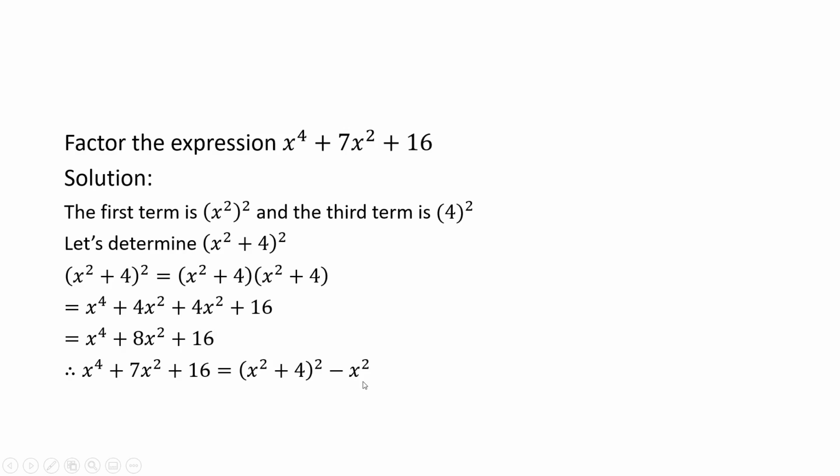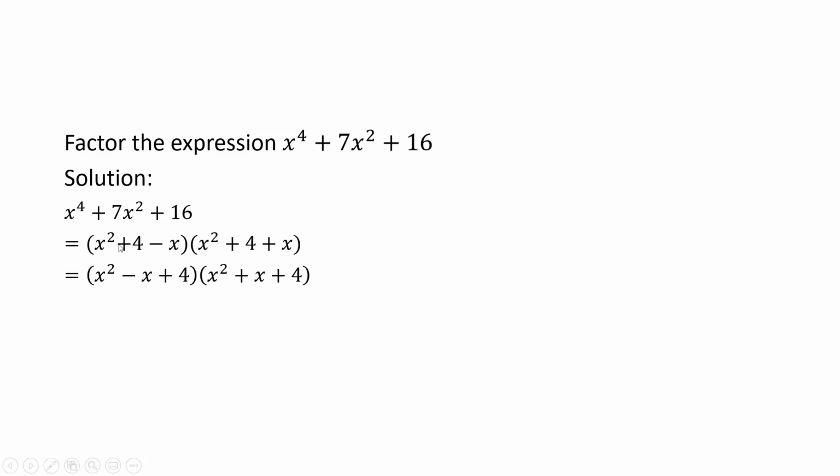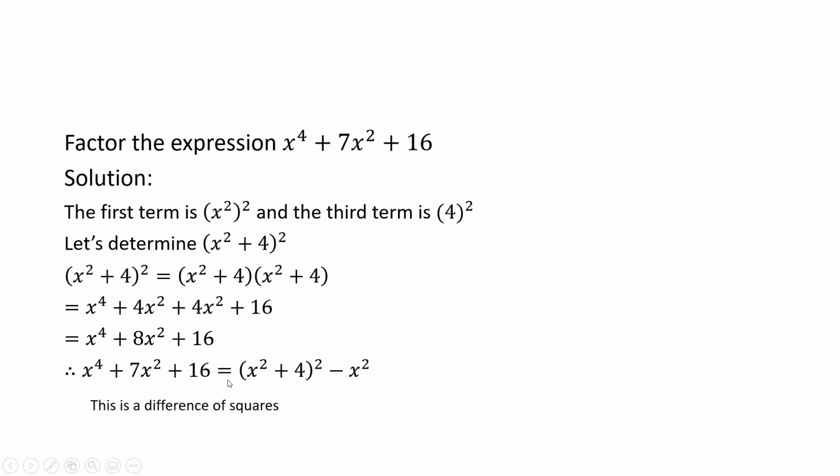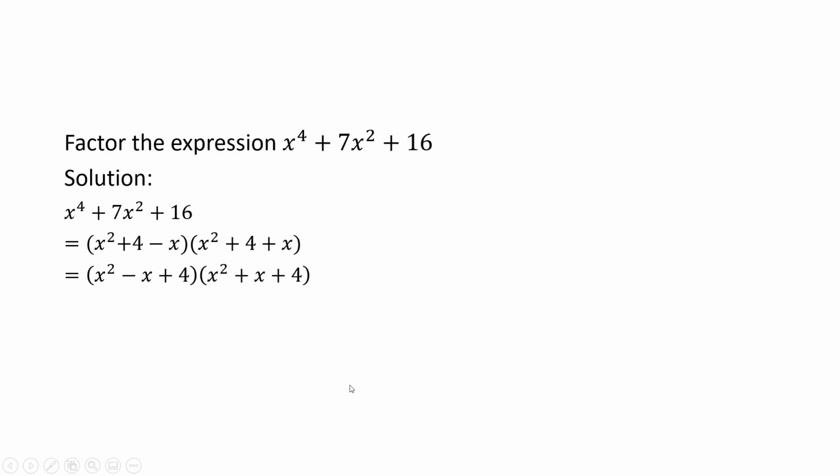Well, look what we've just done. We created a difference of squares. Okay? So that means we can say it's x squared plus 4 minus x times x squared plus 4 plus x. Let's go back again. When we have x squared plus 4 quantity squared minus x squared, we have x squared plus 4 minus x times x squared plus 4 plus x.